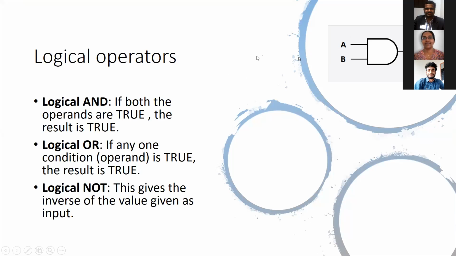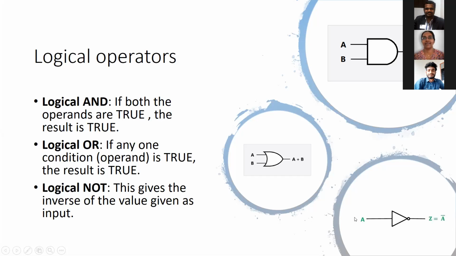That's how the AND gate works. For the OR gate, if any value of A and B is 1, the result will be 1. Doesn't matter, if both are 1, again it is 1. And if any value is 1, it will be 1. The NOT gate gives you the reverse of whatever you're supplying.